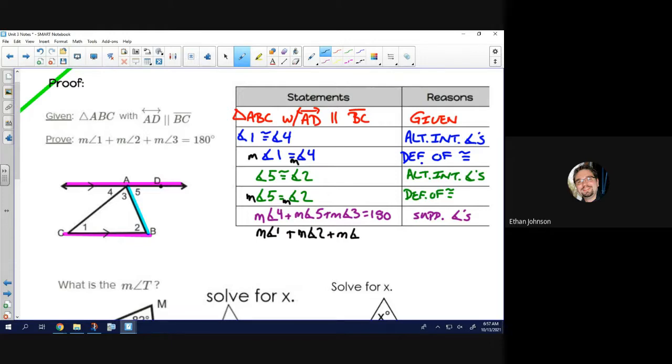And we can leave the measure of angle 3. That is our proof statement. And we plug stuff in, so this is the substitution or transitive property of equality, because we have an equal sign.